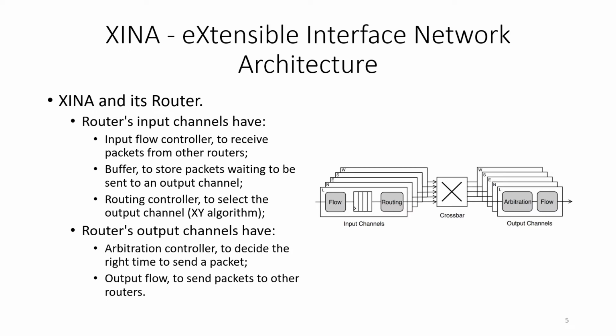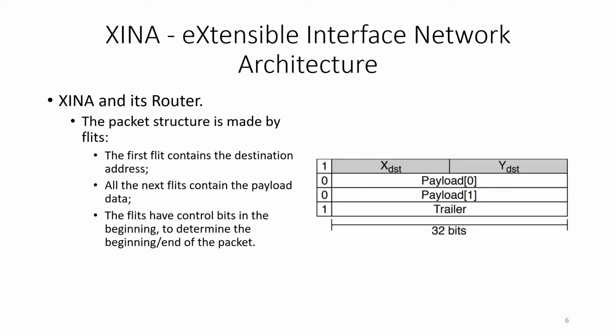They have a routing controller to select the output channel following the XY algorithm, which means that the packet must go along the X-axis first and then along the Y-axis. And in the output channels, Zyna has an arbitration controller to decide the right time to send a packet and an output flow controller to send packets to other routers.